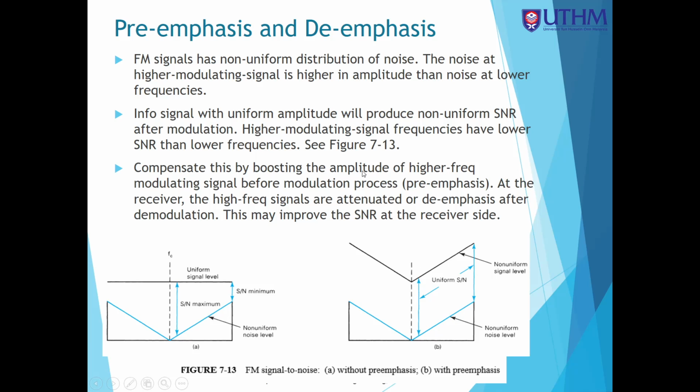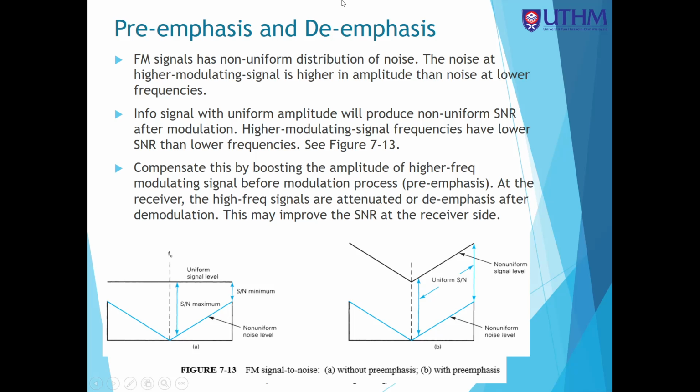Okay, so you see that proses pre-emphasis ini adalah proses menaikkan, kita gandakan sedikit nilai amplitude, especially for the input signal with a higher FM value. Okay, so we get the nilai SNR yang lebih sekata. Okay, so de-emphasis is a process of reducing the amplitude after the demodulation process pada receiver.